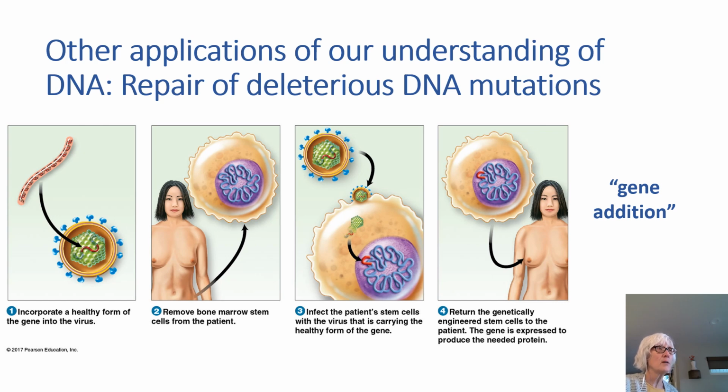Now that stem cell grows and develops into other cells, terminal cells. The product of that gene, the inserted gene, is read and translated to produce the protein that the patient was unable to make with, in this case, her own DNA. This gene addition then can serve to produce proteins that might be missing as a result of these DNA mutations.